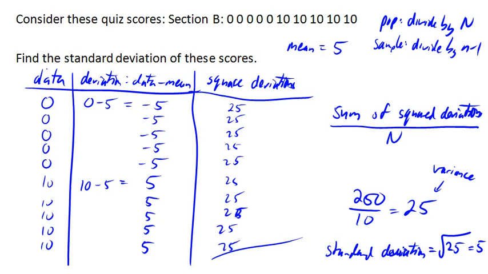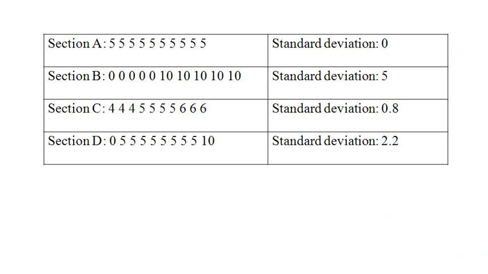Now, for comparison, let's look at all of our other data scores. When all of our scores are the same, the deviation is going to be 0. The data set we just looked at had a deviation of 5. In this case, all the scores are much closer to the mean, and so the standard deviation is going to be smaller.